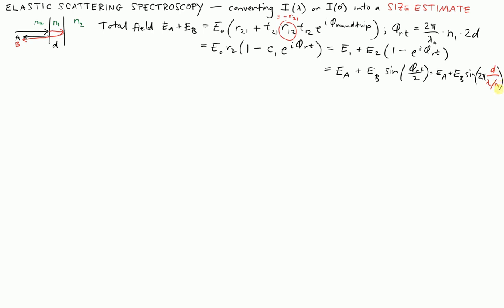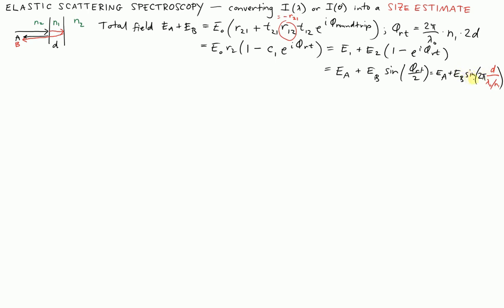And the reason I'm going to all these lengths is to show that we now have an electric field and eventually an intensity, if we measure it, that has a sine dependence in it that can go from a minimum value if this red term here is an integer, if d is equal to some integer multiple of lambda over n1, and if I increase it to a half integer, then the sine becomes an extremum.